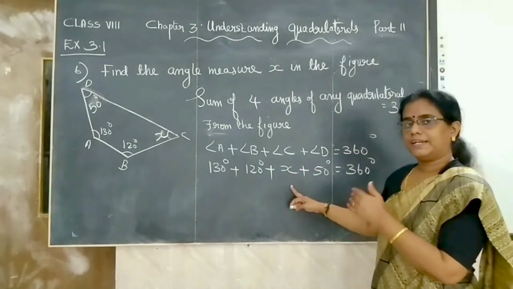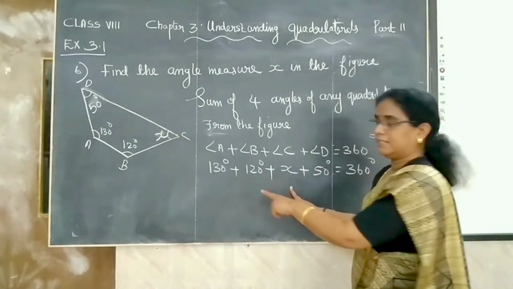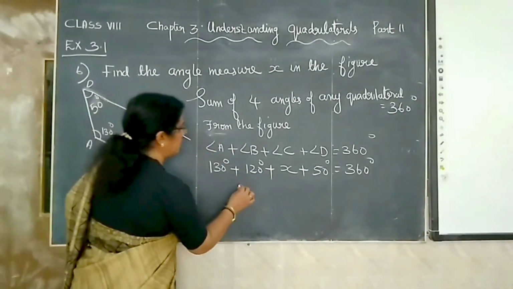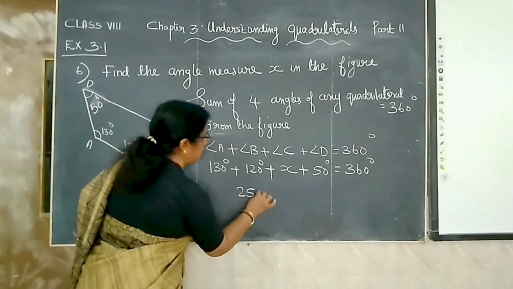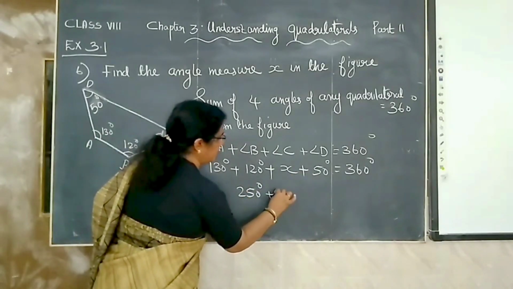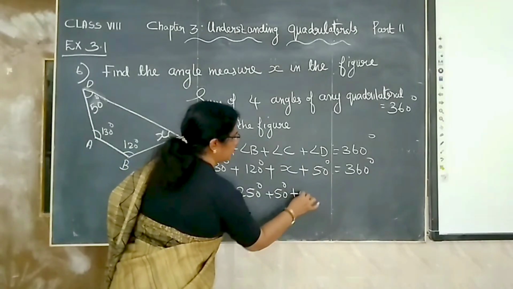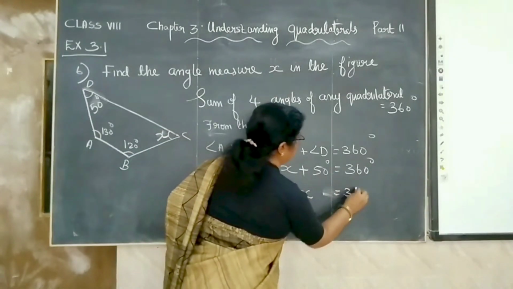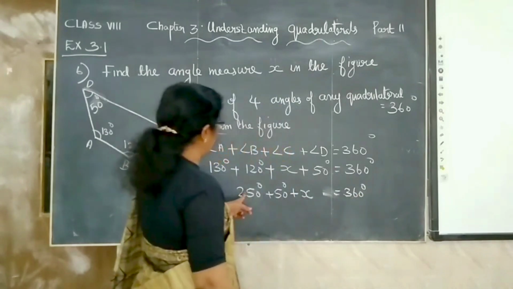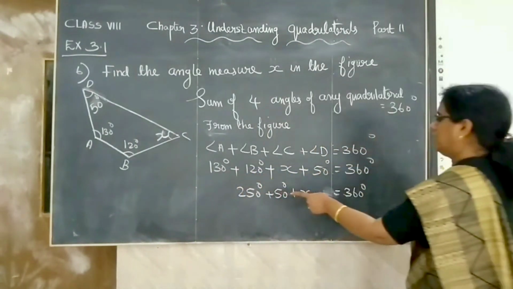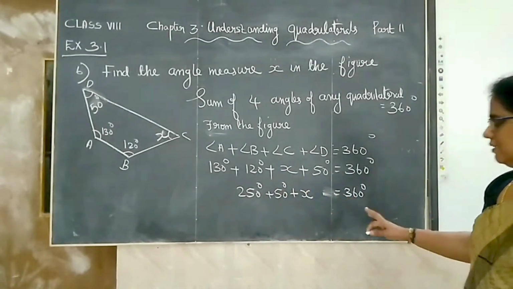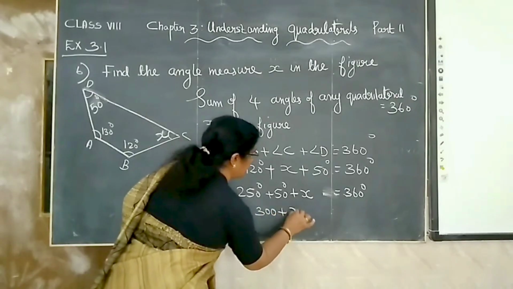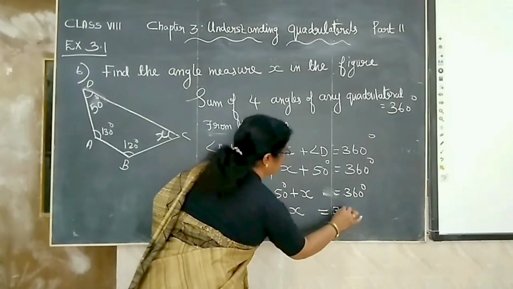So we have to find X. First we will simplify the other terms. 130 plus 120 becomes 250, plus 50, so 50 plus X, equals 360. Now 250 plus 50 is 300. Therefore 300 plus X equals 360 degrees.